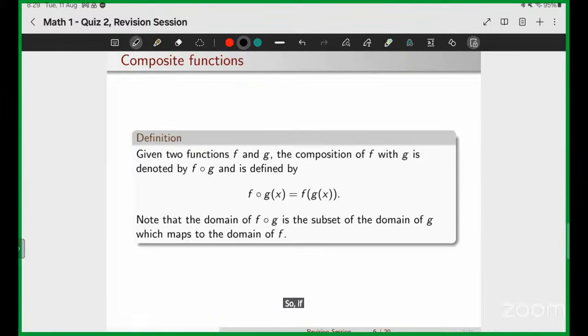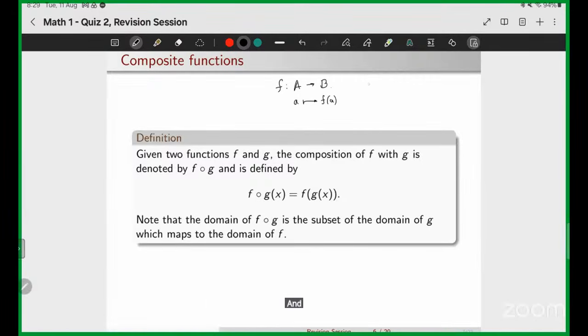So if I take a function f, what I have is a set of input values, let's say A to B. For every element over here, I'll get an element over here.